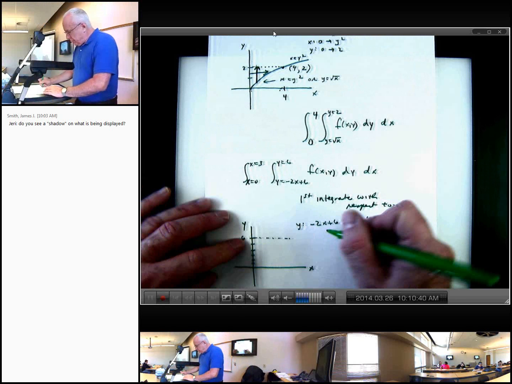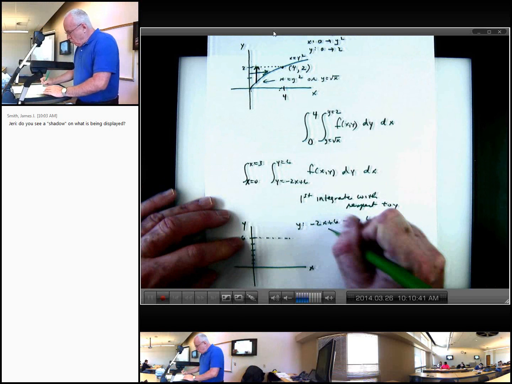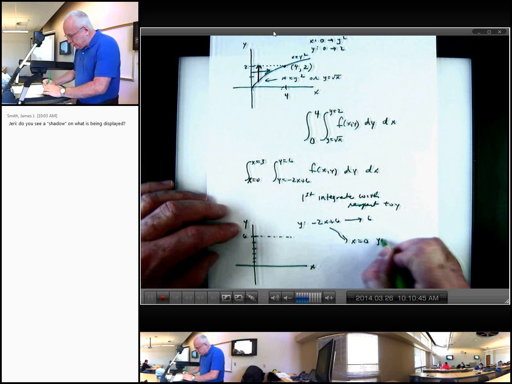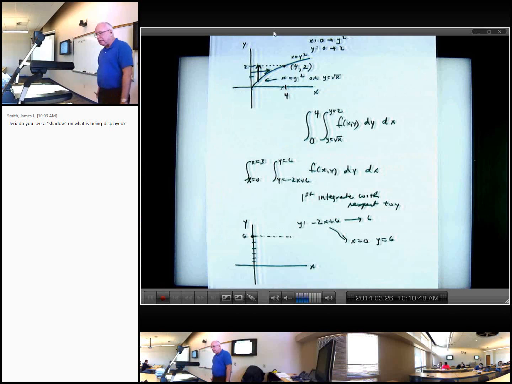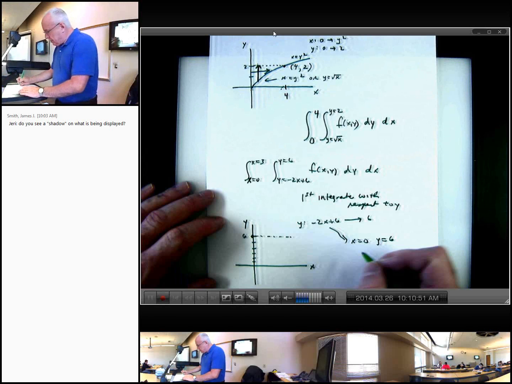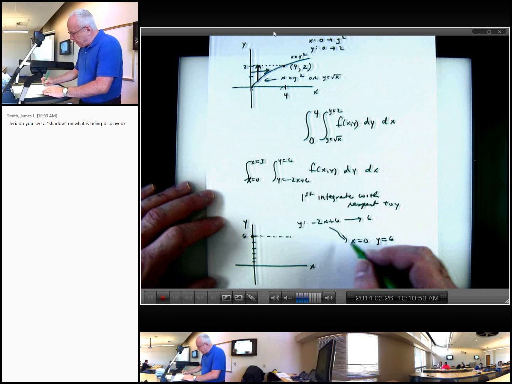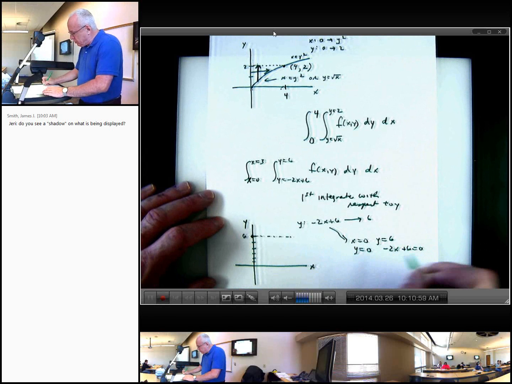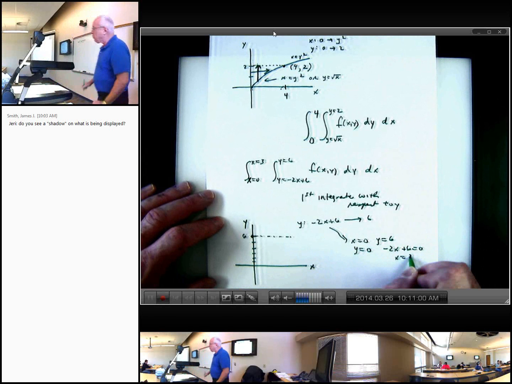Well, let's see. When x is equal to 0, y is equal to 6. So right here, that's a point on the line. And this is an easy way to graph things. And then when y is equal to 0, we have minus 2x plus 6 equals 0. So x has to equal 3.